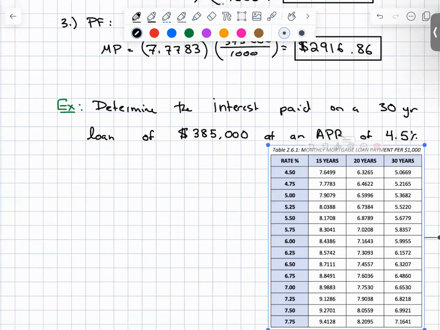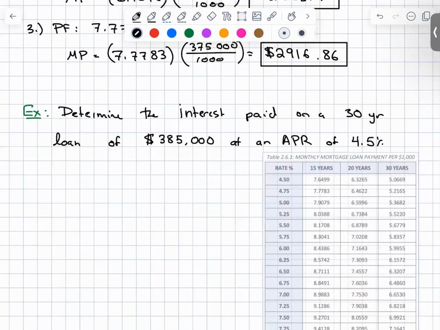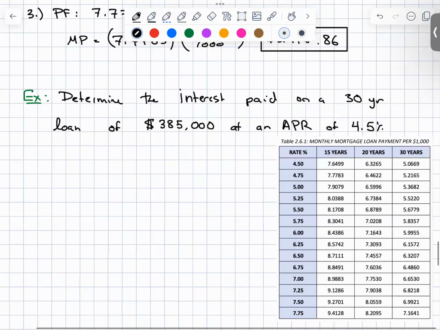I'm putting it here so that we have it for reference. So determine the amount of interest paid.